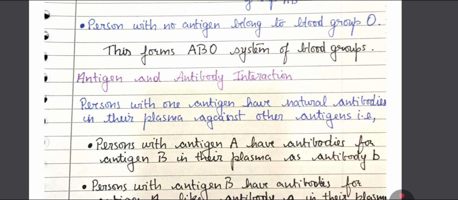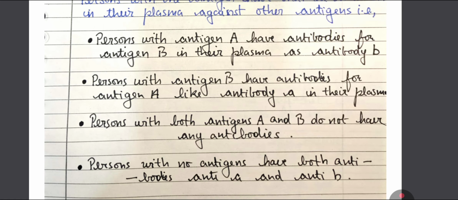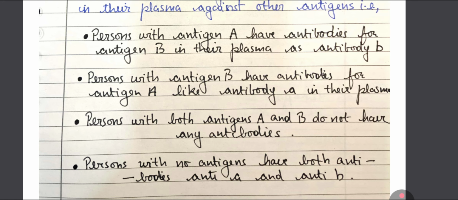Antigen and antibody interaction. We will study what is antigen, what is antibody and how they interact now. Persons with one antigen have natural antibodies in their plasma against other antigens. Person with antigen A have antibodies for antigen B. Okay. In their plasma is antibody B. Persons with antigen B have antibodies for antigen A like antibody A in the plasma.